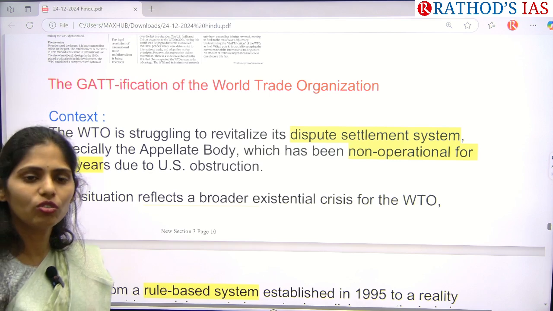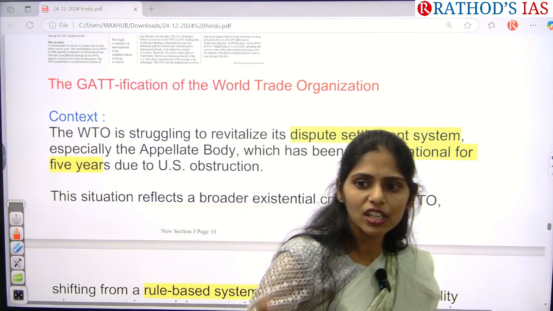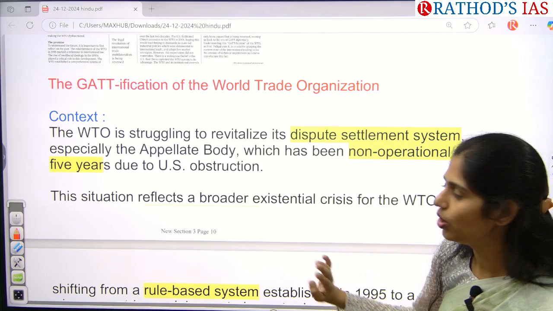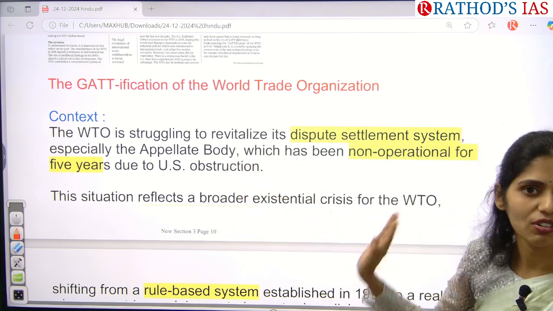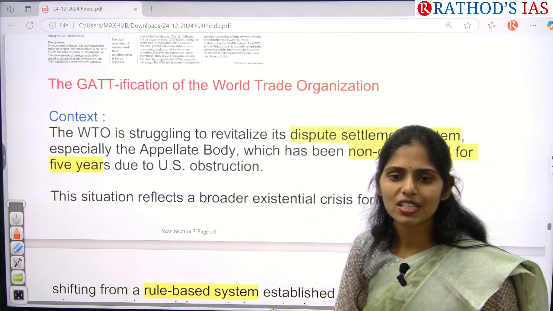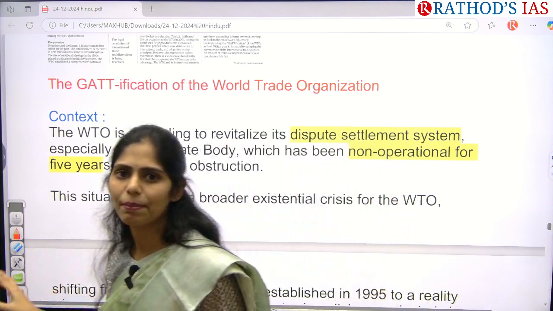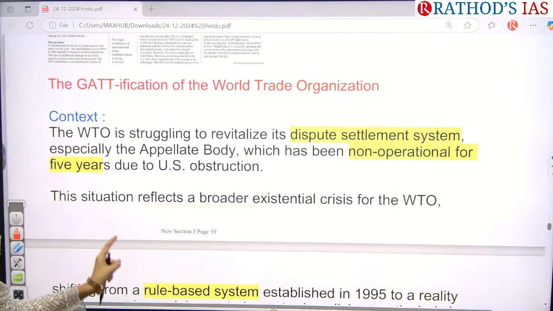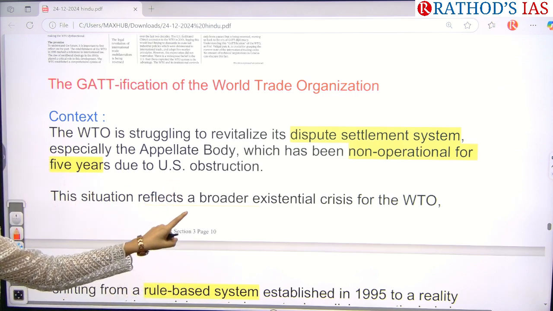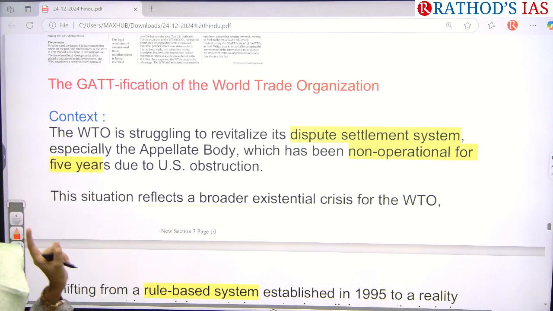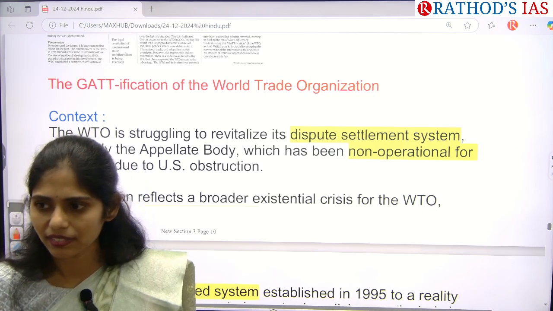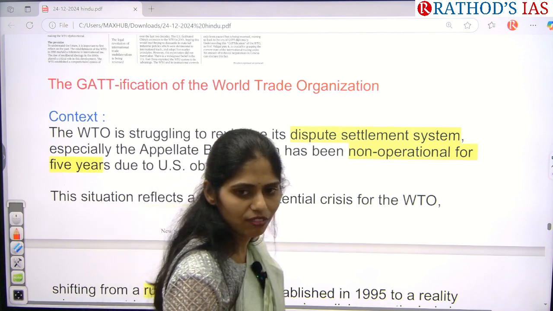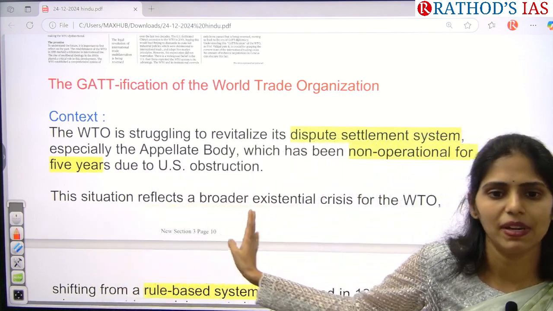The cases that have been filed in these 5 years are pending because the appellate body is not functioning. Now the WTO wants to revitalize that. One important reason behind this non-functioning is the USA. The USA has been blocking the appointment of judges to the appellate body for 5 years, so the cases are pending. Whenever cases are pending before the WTO, can we ensure free and fair trade? No. That is the main thing said here.